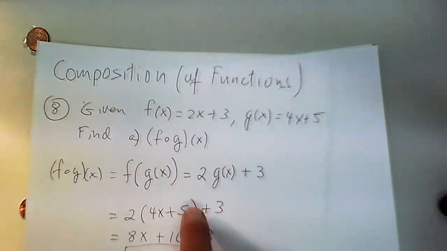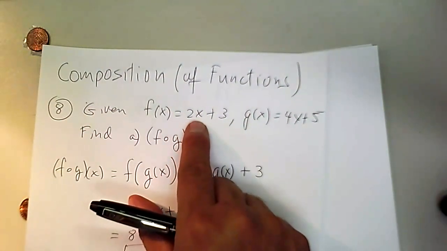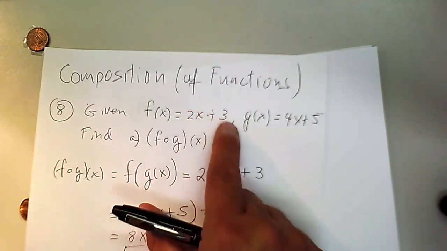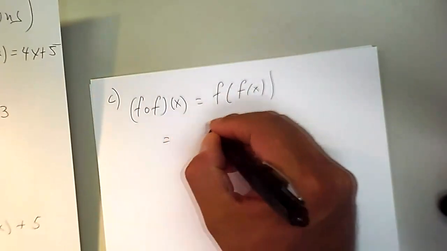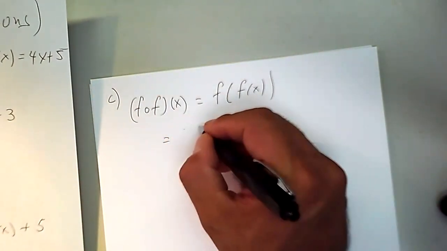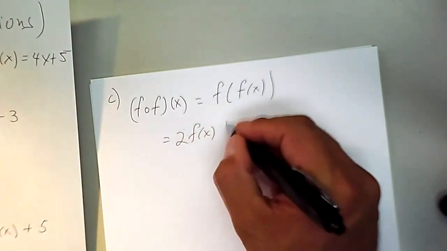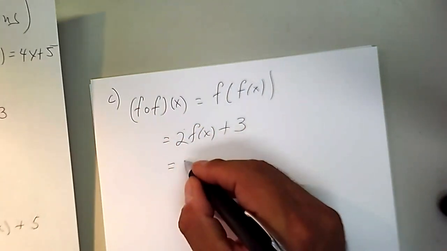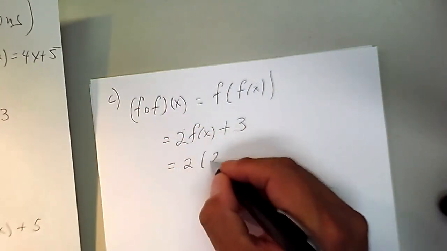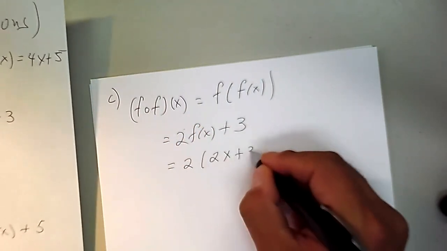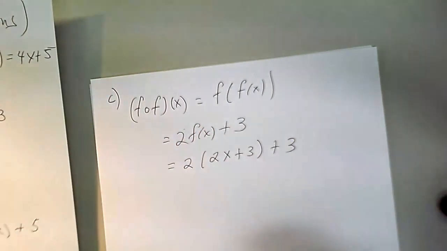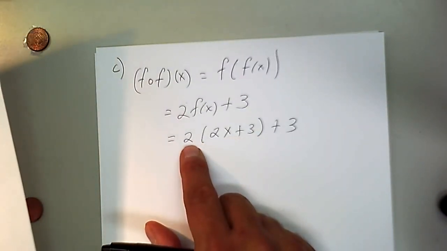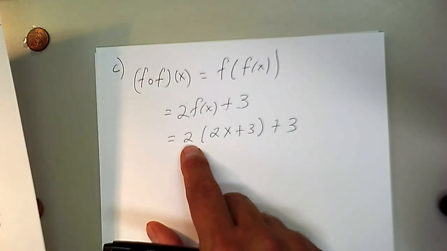Now, f says whatever the input is, multiply it by 2. After the multiplication has been performed, then add 3. So multiply the input, which is f of x, by 2, and then add 3. But f itself is about multiplying the input by 2 and adding 3. Okay, so 2x plus 3 times 2. And then we do the algebra.